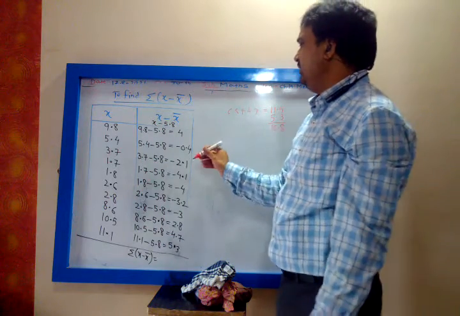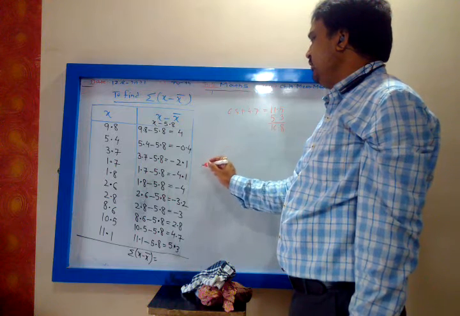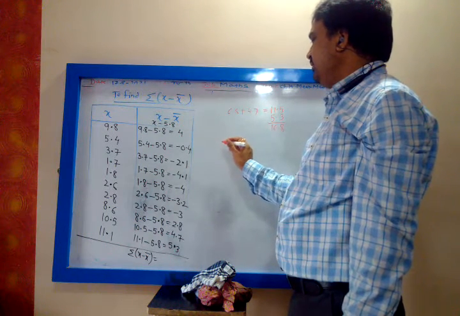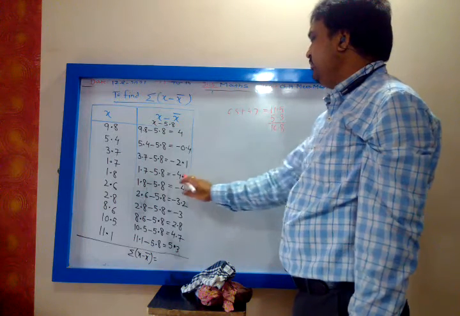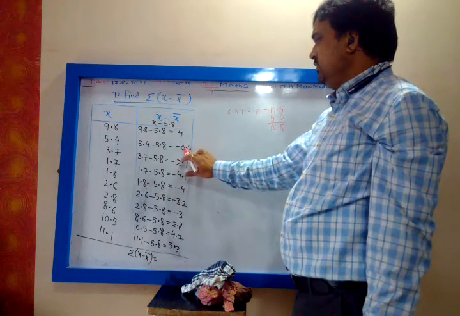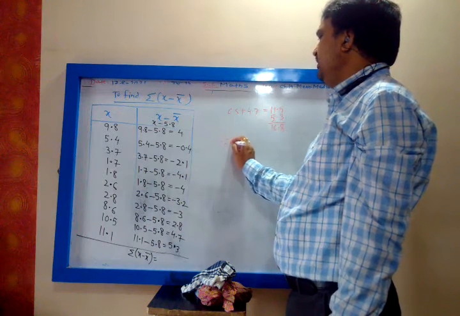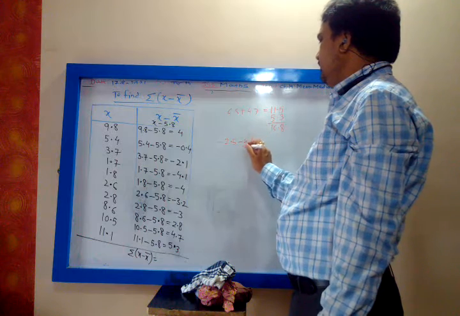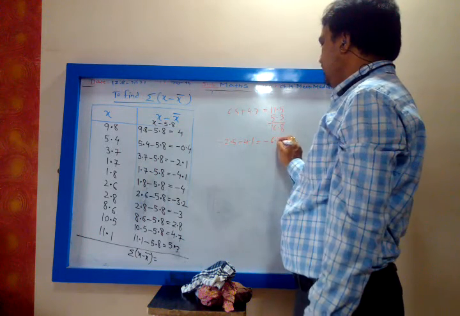Let us add the negative values. 0.4 plus 2.1, that is 2.5. 2.5 plus 4.1, not 7, it is 4.1, my dear. So 0.4 plus 2.1 is minus 2.5. Adding minus 4.1 gives minus 6.6.